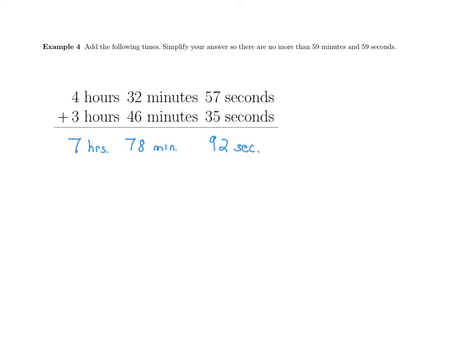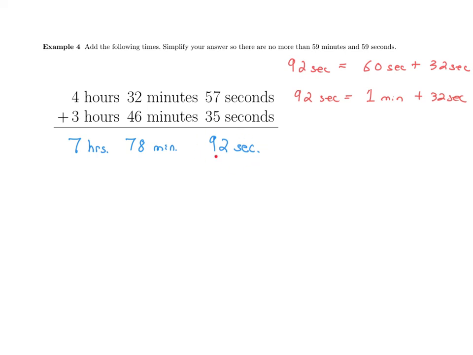I'm going to do some scratch work off to the side. We have 92 seconds, but how can I split this apart using the number 60? Well, 92 is 60 seconds plus 32 seconds. But it turns out that 60 seconds is equivalent to 1 minute. So we can really say this is 92 seconds equaling 1 minute and 32 seconds.